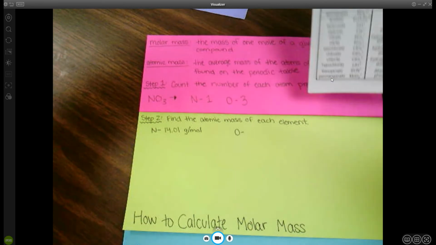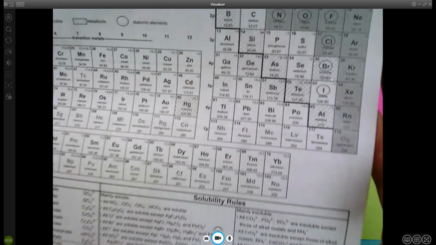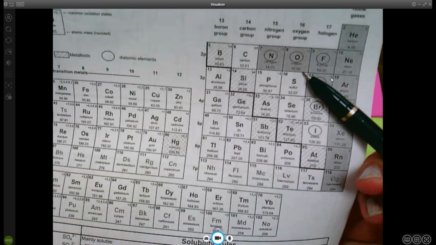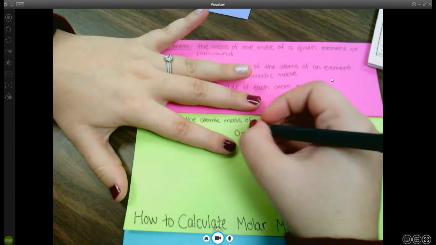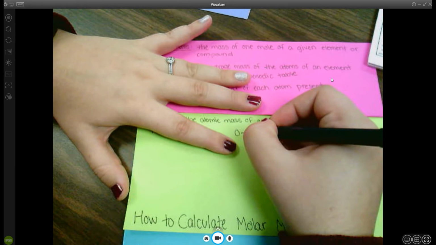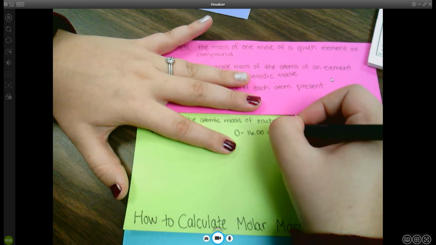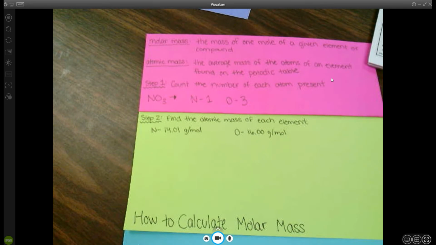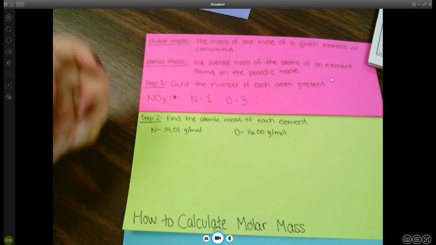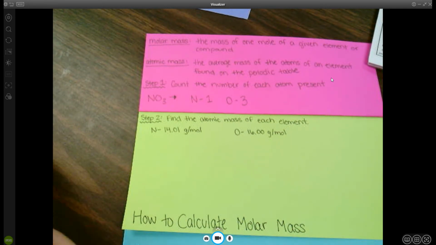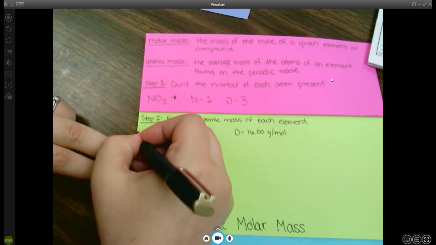I'm going to do the same thing for oxygen. So oxygen is right here, and that has 16.00 grams per mole. Yes, you need to include the 0.00. If you didn't, it wouldn't be there. Okay, so steps 1 and 2, pretty easy. Step 3 is where some math is going to come in.